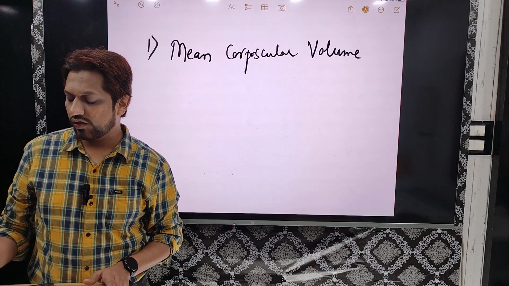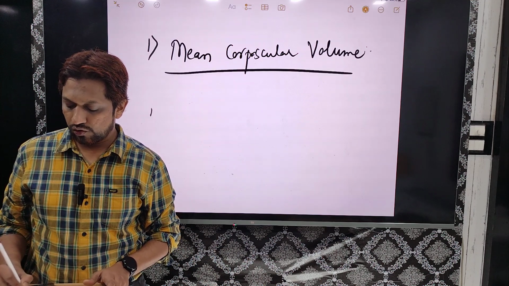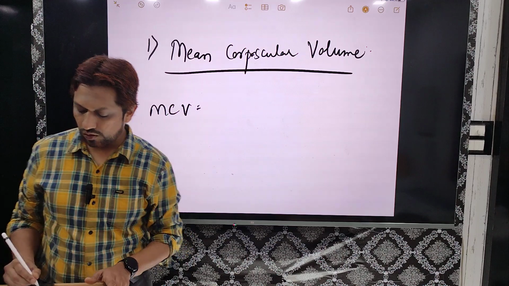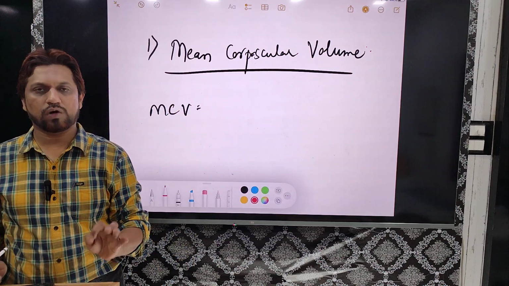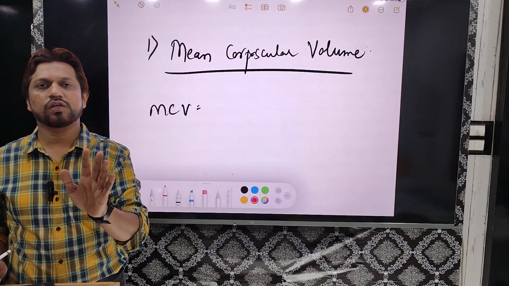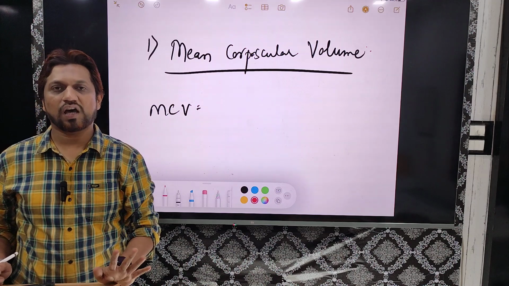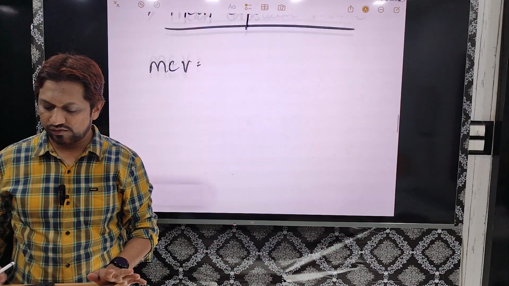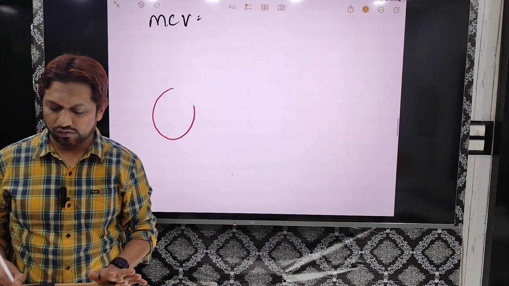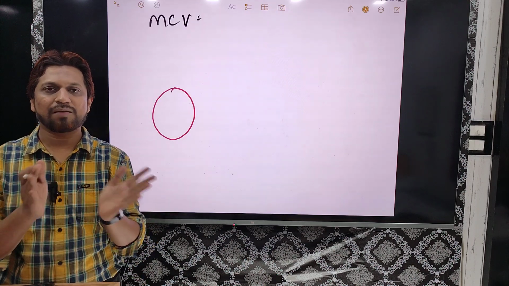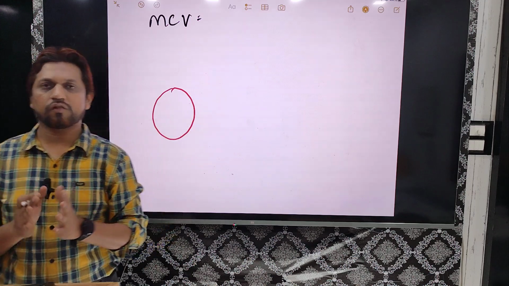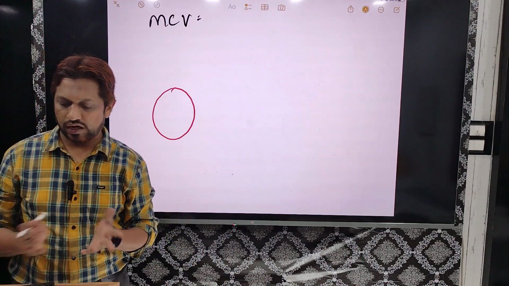What is this MCV? In simple words, MCV is simply the average volume of a single RBC. If you take a single RBC, red blood cell, you know the average diameter is around 7.5 micrometer, and the thickness and all, you see.